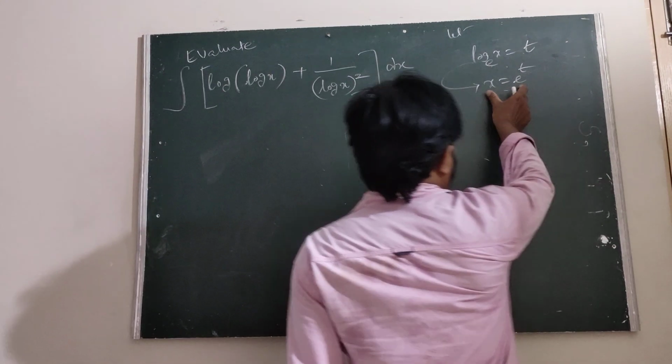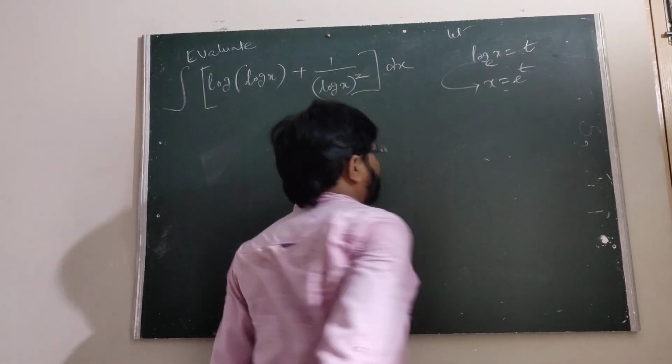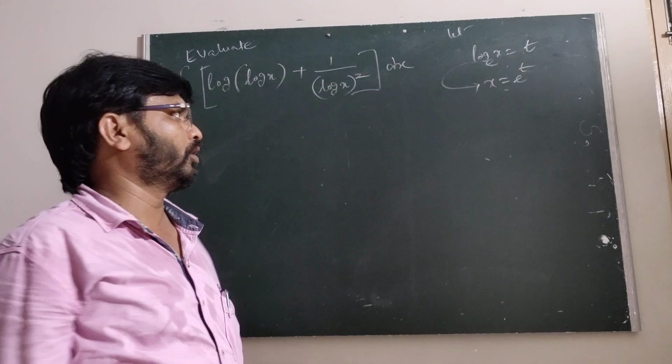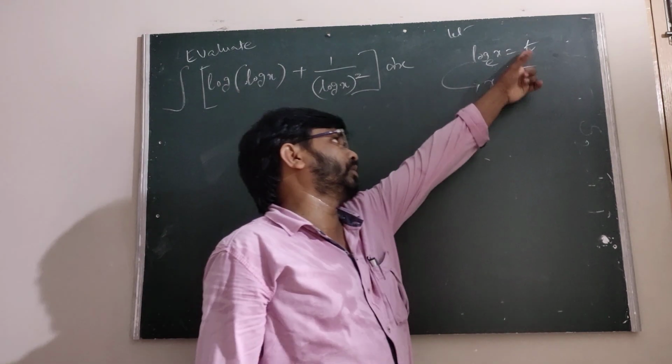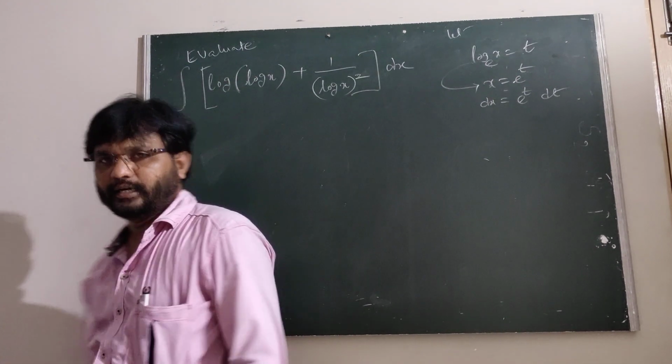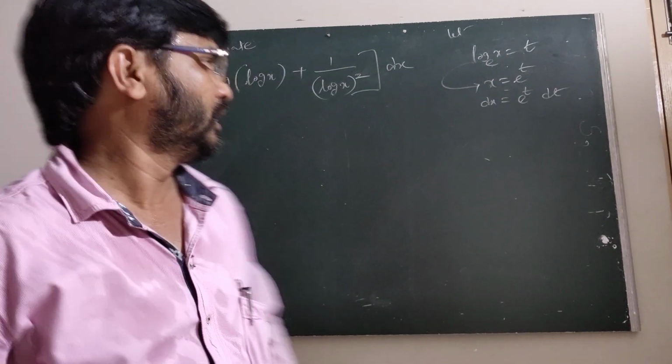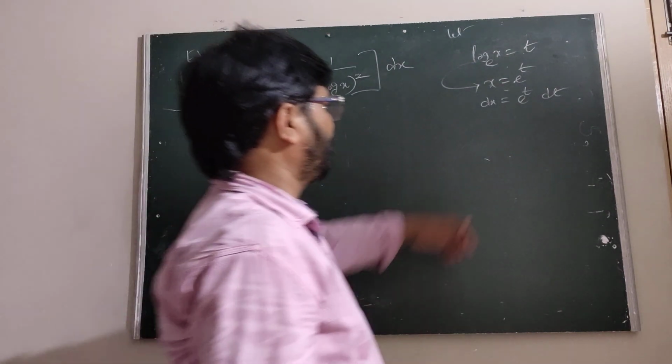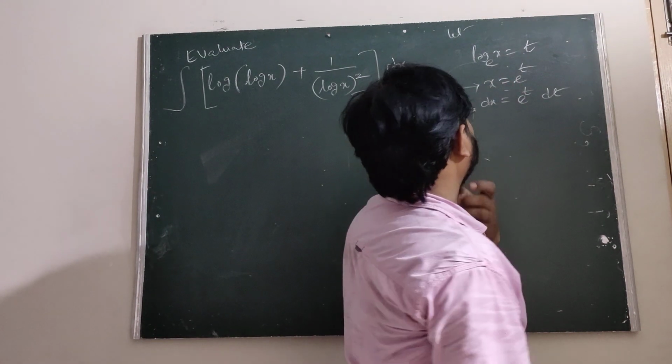We can apply the log on both sides. Therefore log x equals log e power t, which is nothing but t. Differentiating, the derivative of x is dx, and the derivative of e power t is e power t into dt.